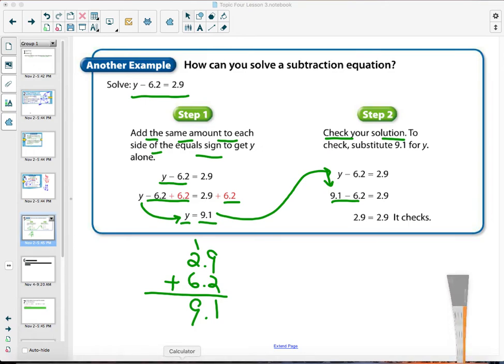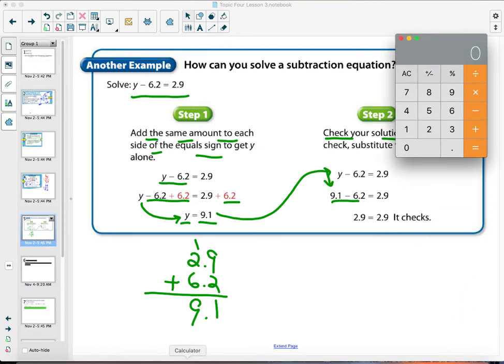There's no reason not to check it, because all you have to do is 9 1/10 minus 6 2/10, and it does work out as the solution. Literally, it took me less than a minute to check it, and that's the difference between a B student and an A student. An A student takes the time to check it.